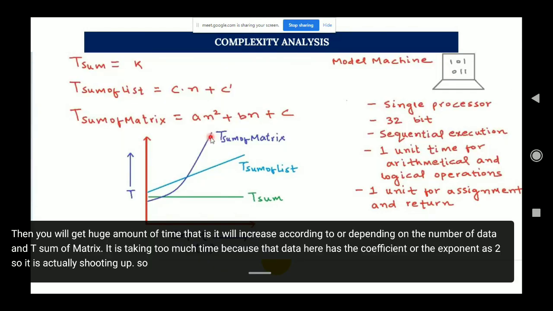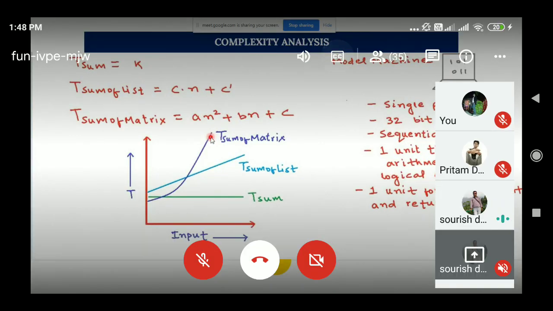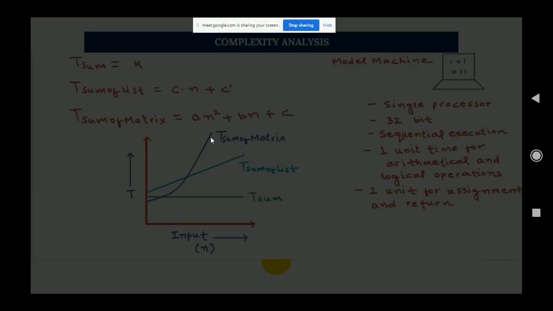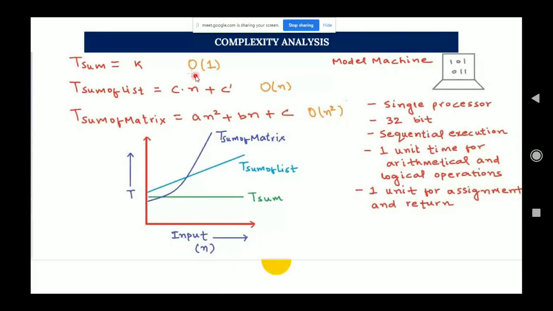So you can classify these functions into sets. These sets are represented as big O of 1 for constant, big O of n for this linear function, and big O of n square for this quadratic function.